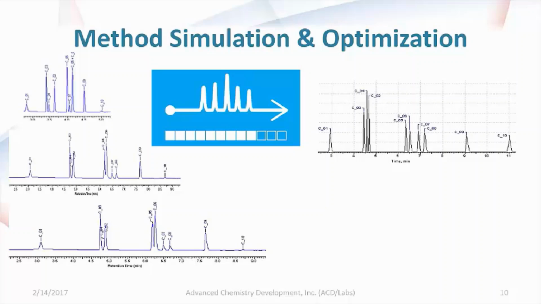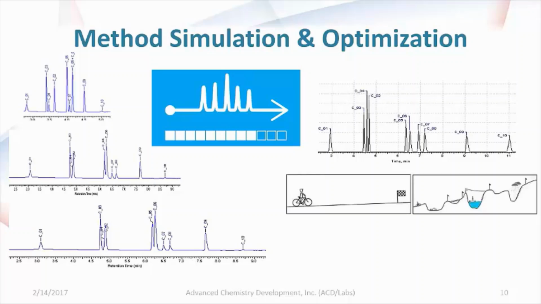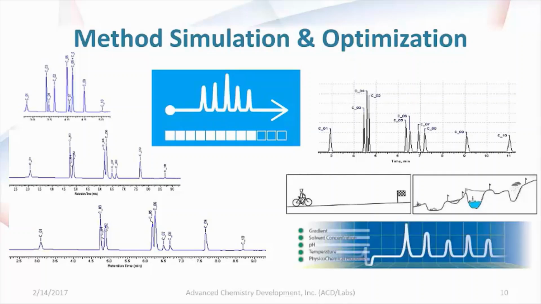And then using this mathematical model, you can set up suitability criteria and have the software use a linear model or a nonlinear model to optimize things like gradient, pH, or temperature so that you can achieve the optimal separation.